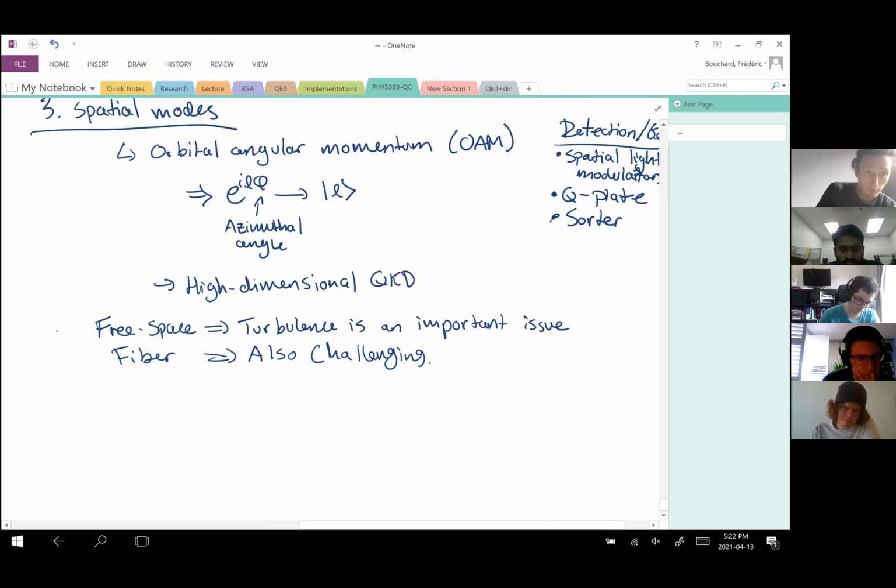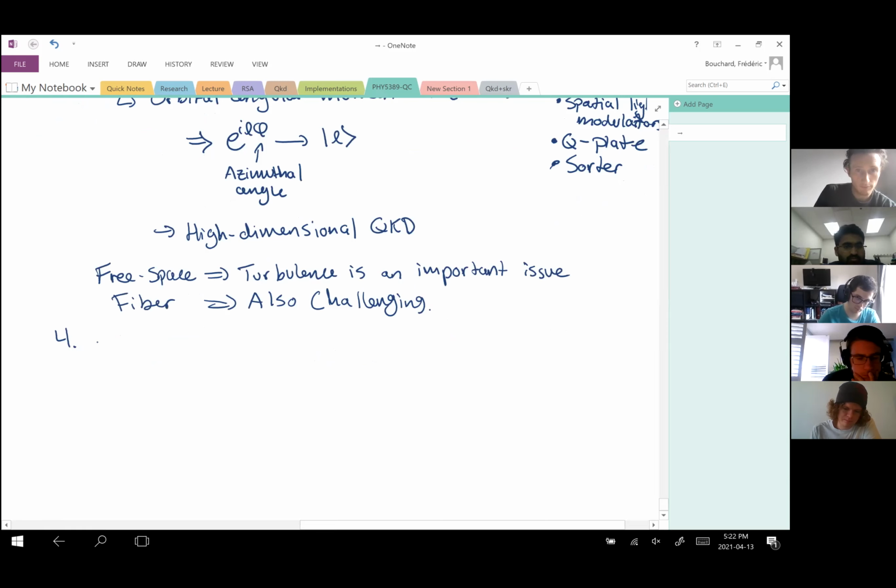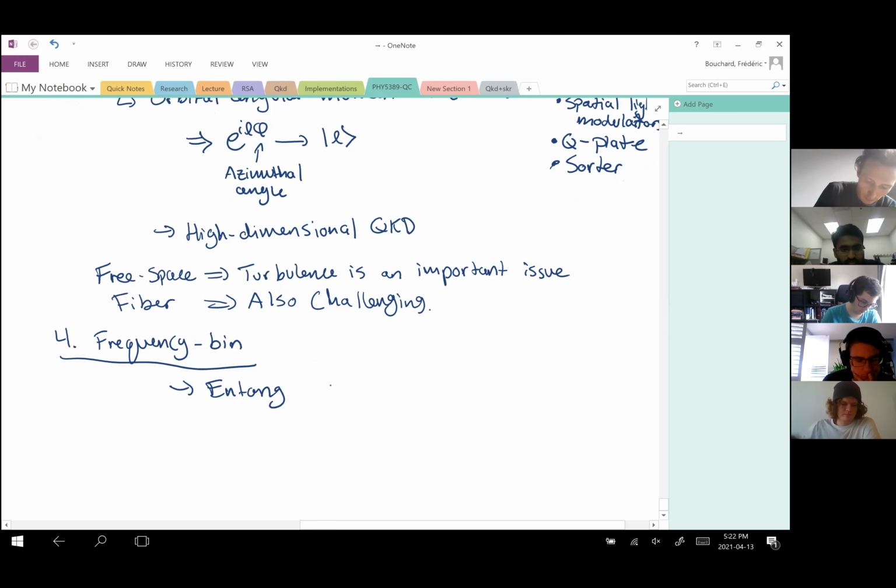Okay, let's go through two more. So frequency bins. That's another way you can do QKD. One thing that's popular is to use frequency combs to pump a crystal to get entanglement in frequency combs.